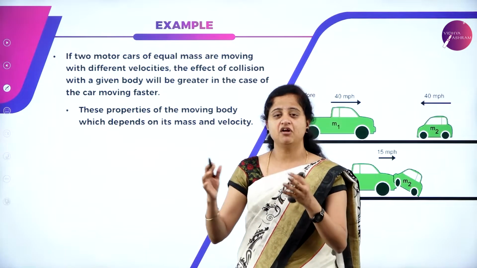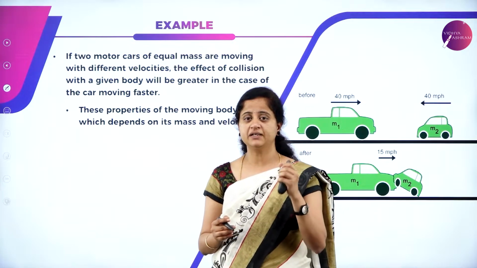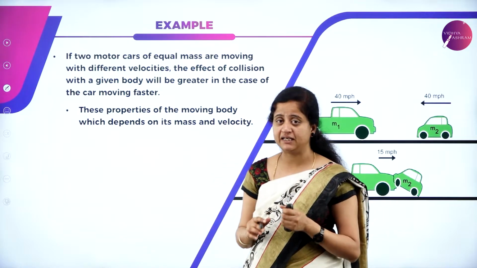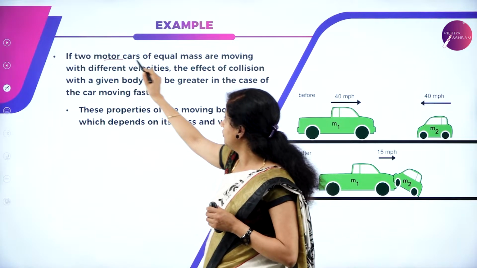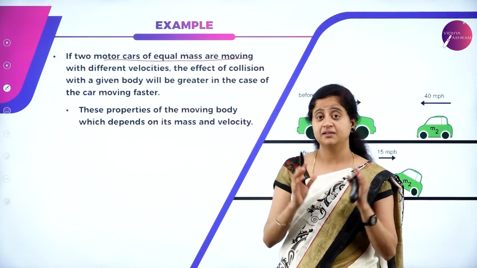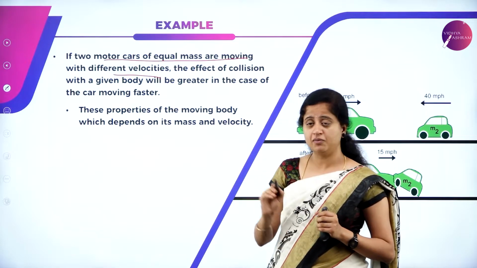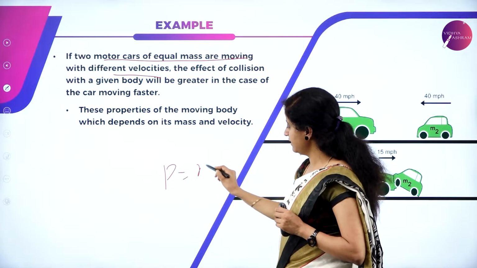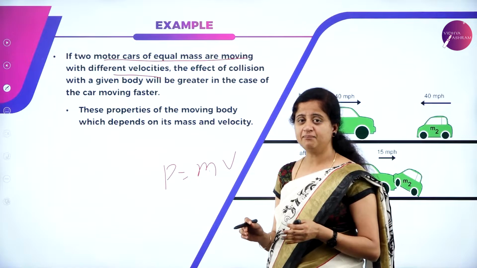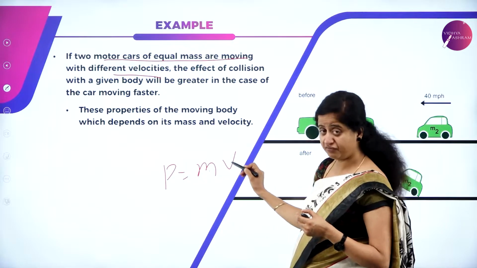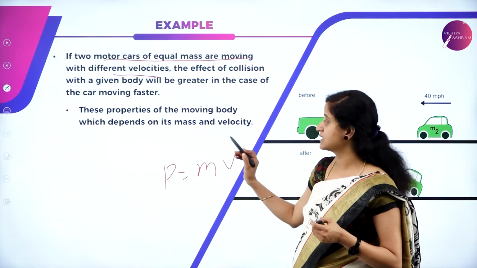Now, mass into velocity, we told. How is it useful in understanding momentum in our daily life? For example, take two motor cars of equal mass moving with different velocities. We know momentum is mass times velocity. So in this example, we are taking two cars moving in a direction with different velocities, but the masses of the cars are the same.